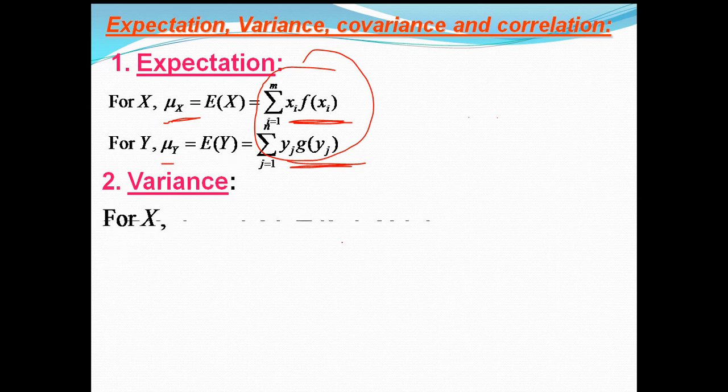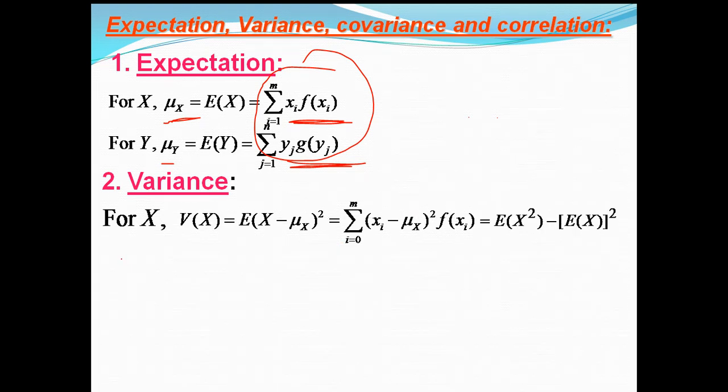Now variance. To find the variance for the X distribution, we use the formula E(X squared) minus (E(X)) whole squared. We are familiar with the other formula from the previous chapter on the binomial distribution, whereas here we will use E(X squared) minus (E(X)) whole squared, because E(X) we can obtain as the expectation of X, and E(X squared) we can find using the other formula.